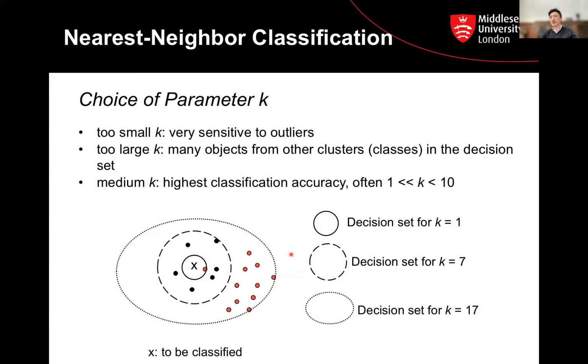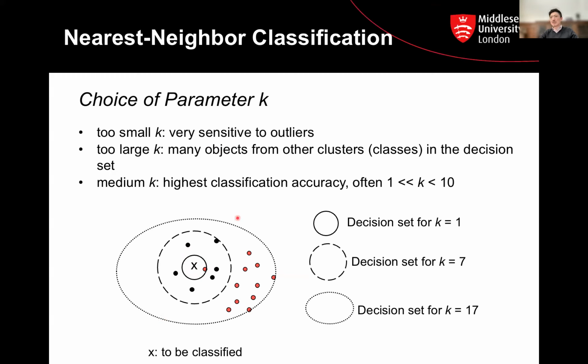And if you have a larger k, you might be including too much data, in the worst case including everything from the entire data set. That's not very useful to decide which class it needs to be.